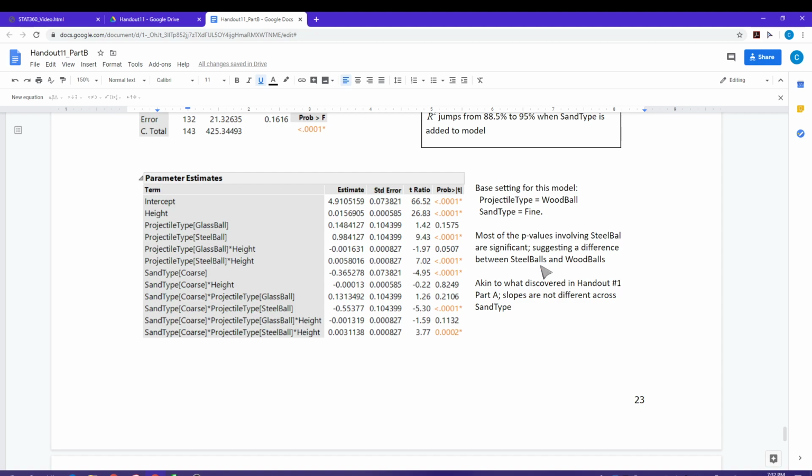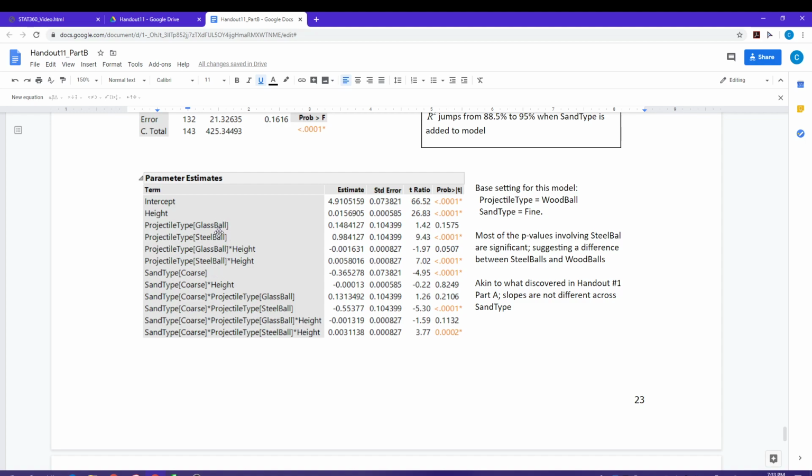If we just keep a high perspective on this, the base setting in this model is going to be wood ball and fine sand. And I know that because it's not showing up in any of these other terms. The way JMP decides on the base setting is it does it alphabetically. So for sand type, I have coarse and fine. It's going to set the coarse to be 1, and it's going to set the fine to be 0, because C comes before F in the alphabet.